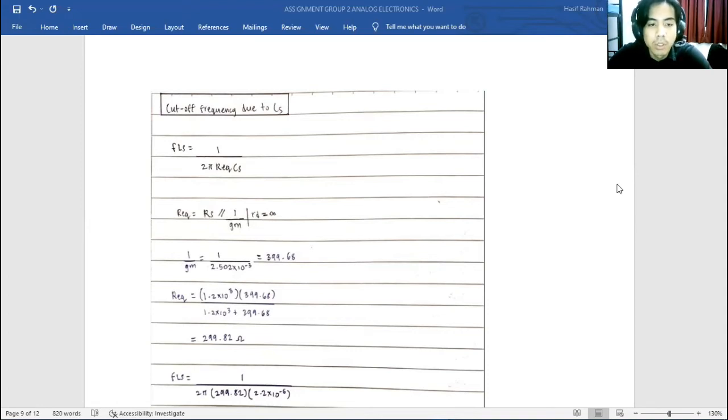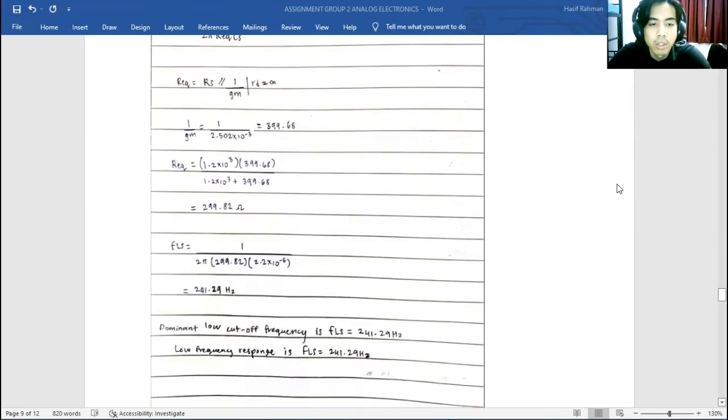Then we just substitute the value of R equivalent to the FLS equation. Then we will get FLS equals to 241.29 Hz. Dominant low cut-off frequency is FLS equals to 241.29 Hz.